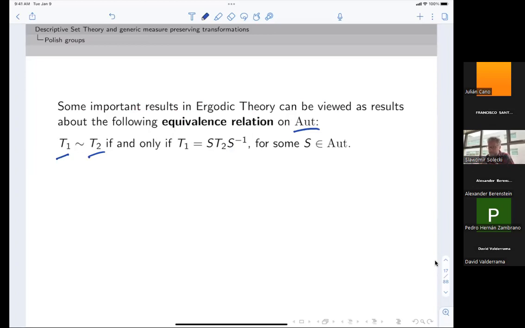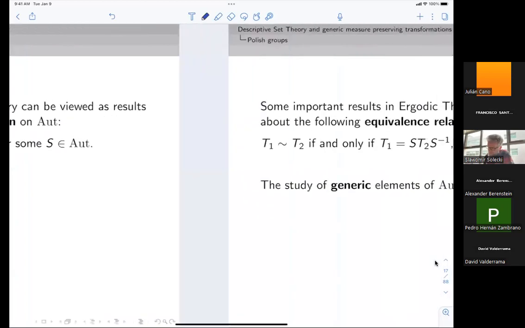they differ only by a change of coordinates, by a change in the arrangement of the points on which they are defined, which amounts to saying that I identify them if they are conjugate to each other by an element of S. This is an important equivalence relation, and quite a lot of results in ergodic theory were proved in order to understand this equivalence relation, classify it on some subsets of OT, or prove that it is difficult to classify.